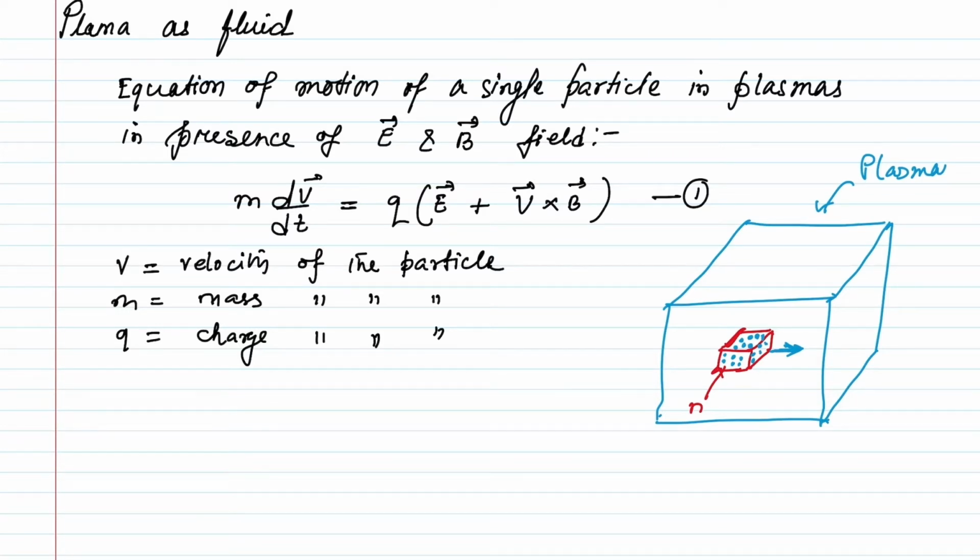So we have considered this volume element enclosing electrons only, with the number of particles per unit volume being n, and we have considered no collision and no thermal motion.